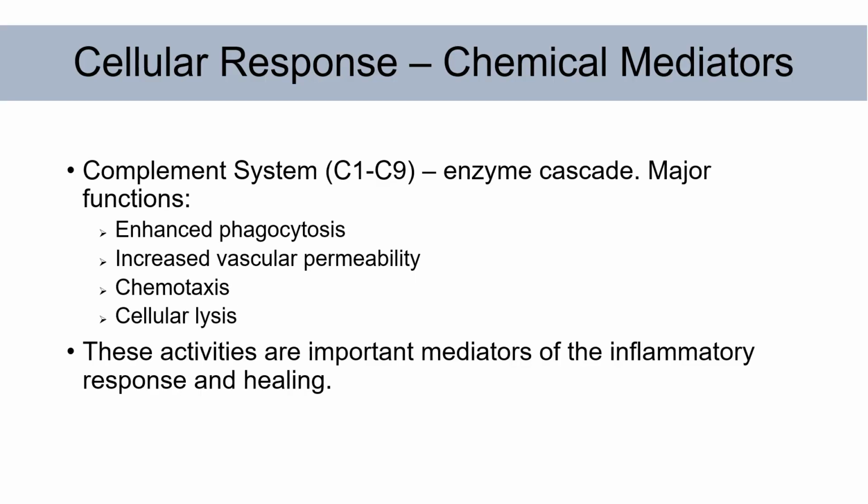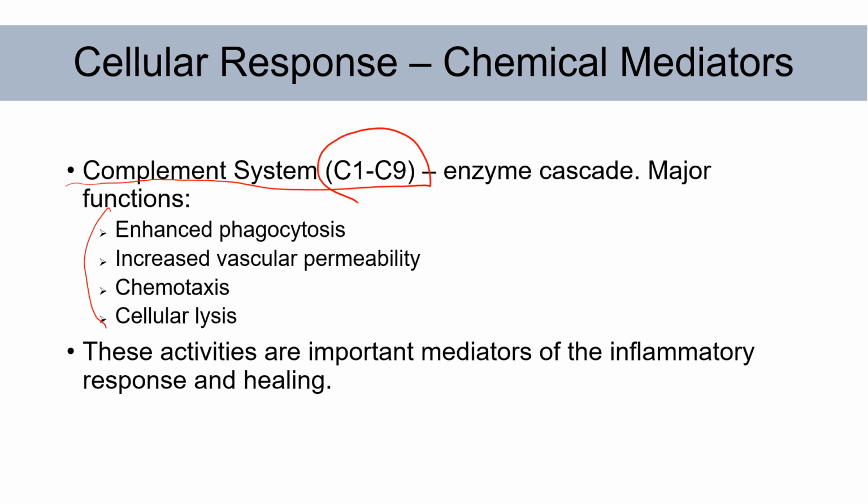So part of our cellular response is directly related to chemical mediators. Again, chemical mediators are just chemical messengers. So we have our complement system, C1 through C9. This is a very complex enzyme cascade in order, talking to each other, making things happen. And this is going to enhance phagocytosis, okay, which is engulfing of debris and pathogens.